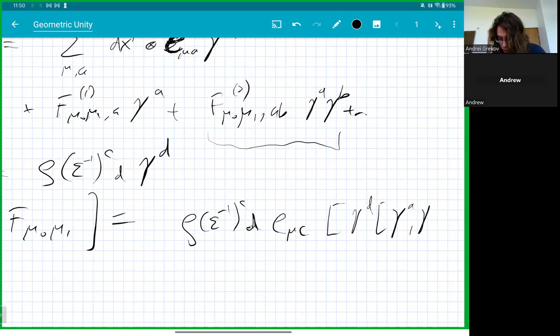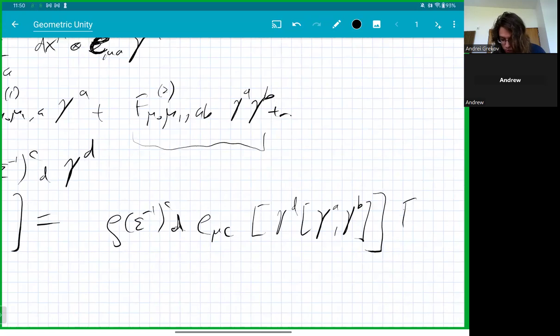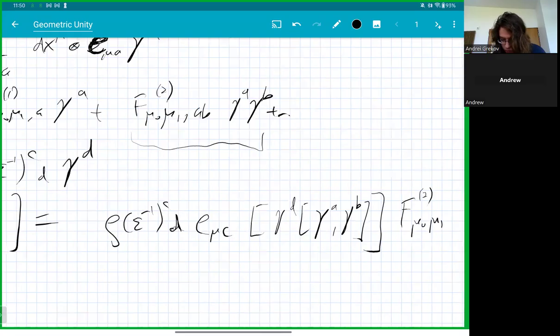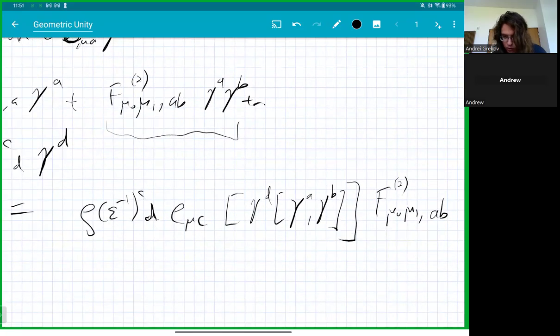Here I'm writing commutator because this is antisymmetric, right? So we can do it. Then gamma matrices behave like vectors under the action of the spin group, right? So we'll get something like this.